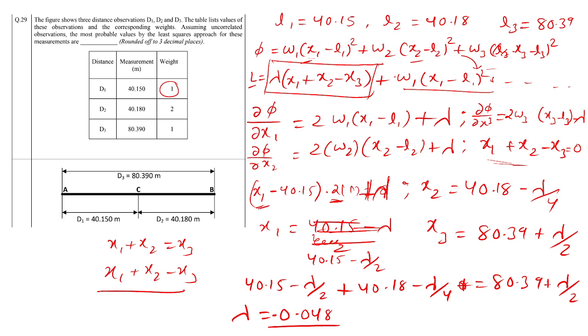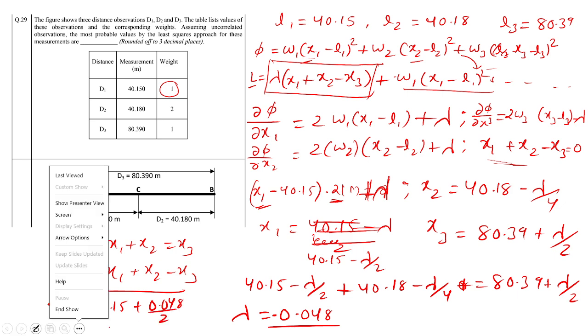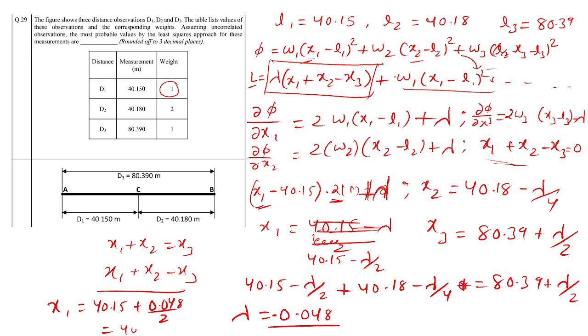So x1 will be 40.15 minus minus, plus, it will become 0.048 by 2. So 40.15 plus 0.024. This will be the answer. Similarly we can find x2 and x3; those values you will get by putting lambda.